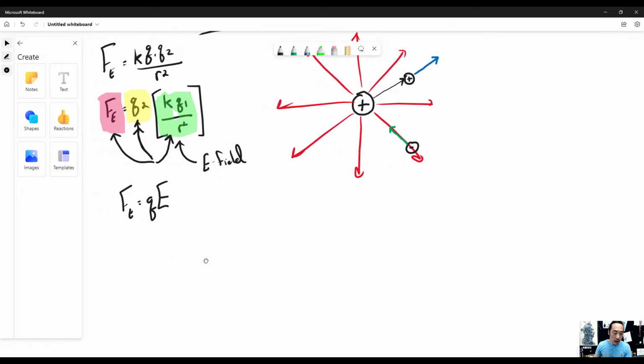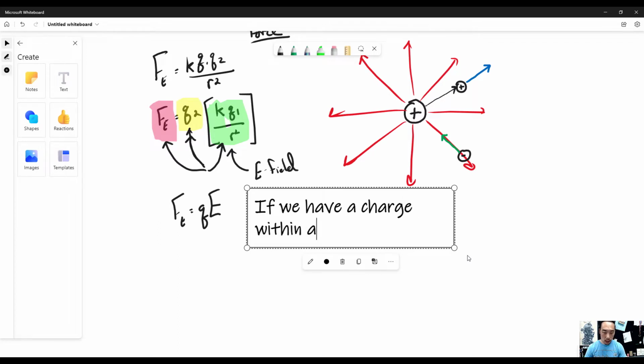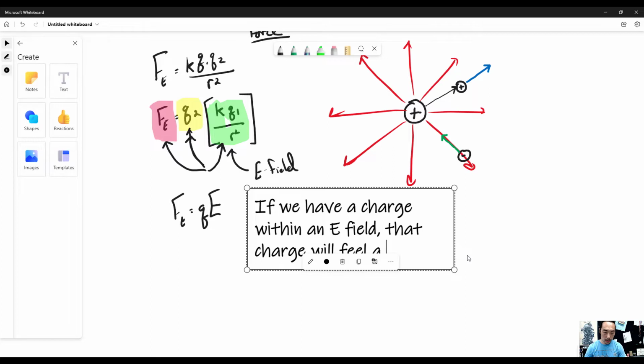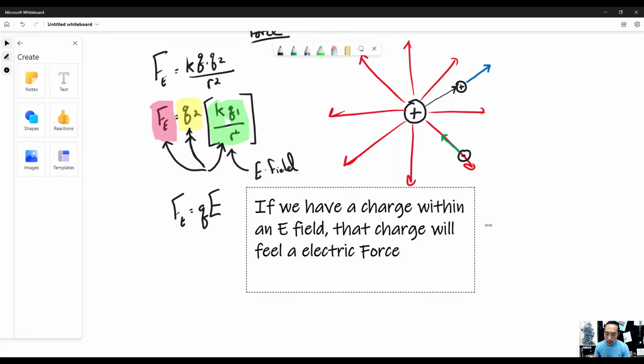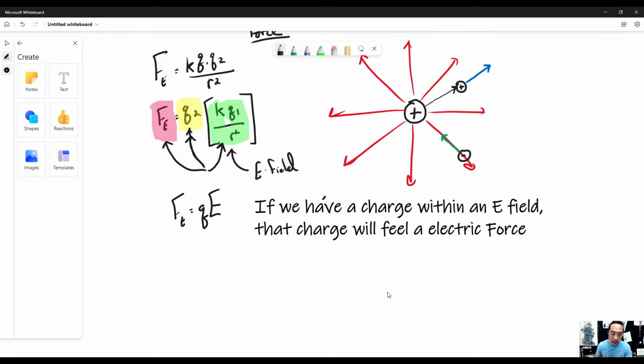So if we have a charge within an E field, that charge will feel an electric force. This is the statement that we can apply to the formula where I highlighted everything up here.